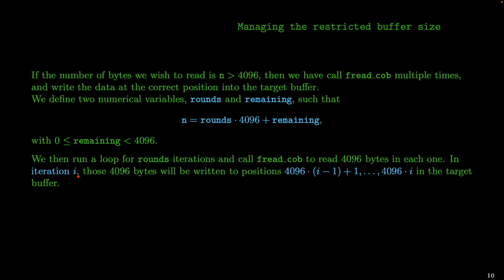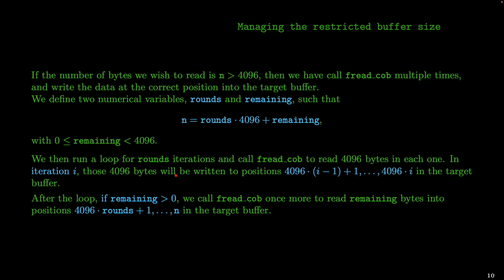And that means in the ith iteration, those 4 kbytes will be written into the target buffer at the positions 4096 times I-1 plus 1 up to 4096 times I. And in that way, in each iteration, we will write a 4 kbyte chunk into the target buffer at the correct positions.